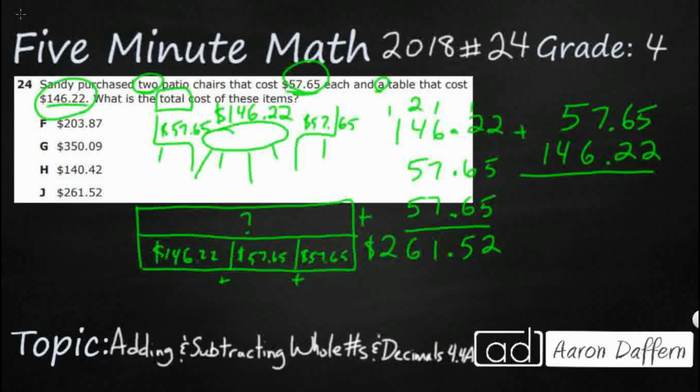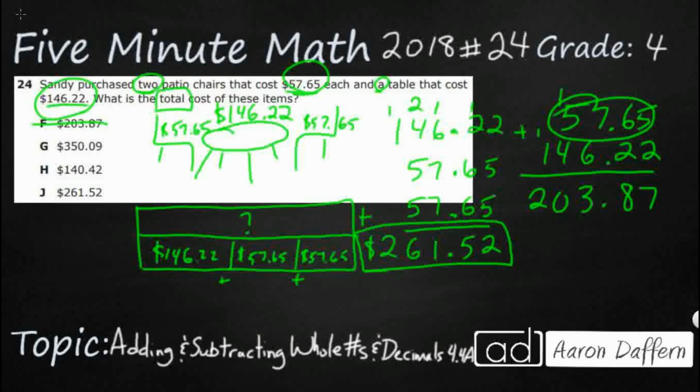So if we were just to take those 2 numbers here, we could say 5 and 2 is 7, 6 and 2 is 8, 7 and 6 is 13. Let's see, 1 and 5 is 6. Add that 4 is going to be, there's my 10. So look, I've got my 203.87, which is right there on F, but remember that's incorrect because that only did 1 of our chairs.